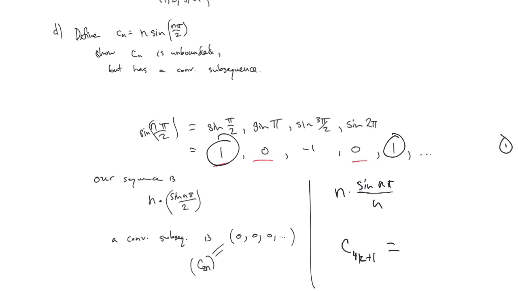So it's equal to 4k plus 1, and if k is big enough, then this is unbounded. It's a simple idea. It's hard to write out the details, but these positions all look like 1 from the sine part, but then you multiply them by n, and it becomes unbounded because n itself is unbounded. All right, that'll do it.